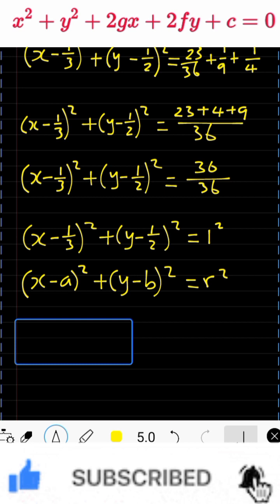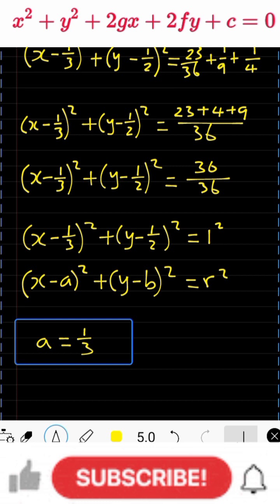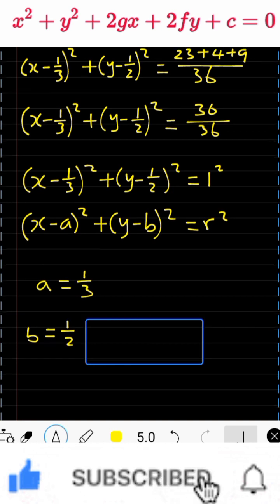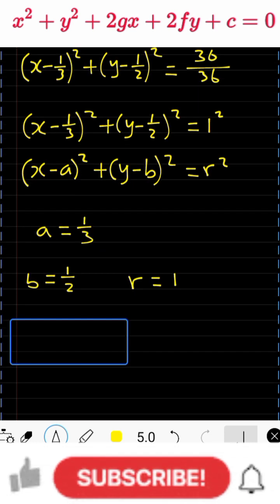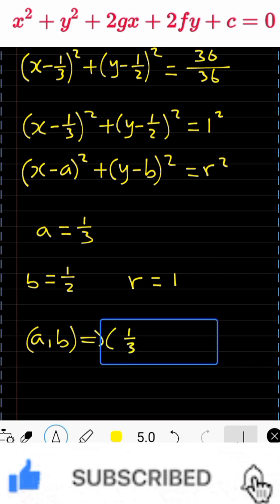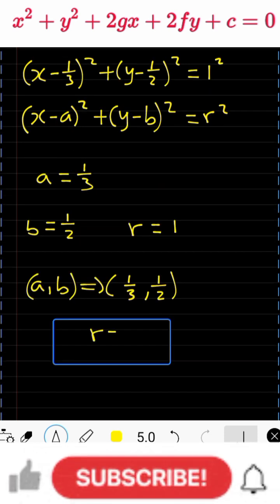So from this you can see that a is equal to 1 over 3, b is equal to 1 over 2, and r is equal to 1. So the coordinate of the center of the circle is a comma b, 1 over 3 comma 1 over 2, and the radius of the circle is equal to 1. Exactly what we got before.